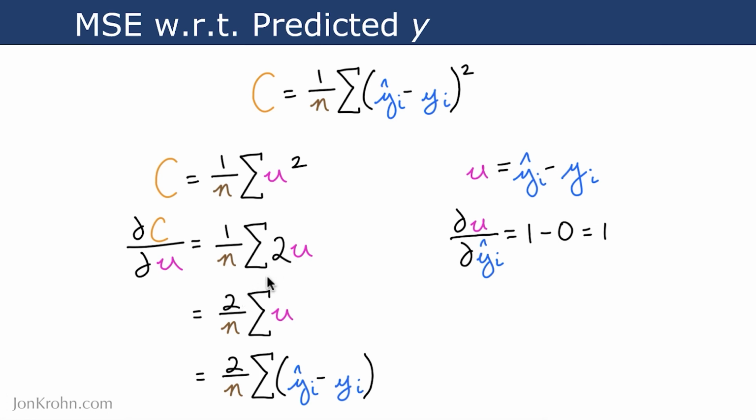It's exactly the same arithmetically, whether we have it before or after the sigma. And then once we have our nice expression here, we can drop y hat minus y back in for u, and that gives us del c del u. It's equal to 2 divided by n, and then sigma of y hat minus y. So there are our two main pieces of the puzzle for calculating the gradient of mean squared error.